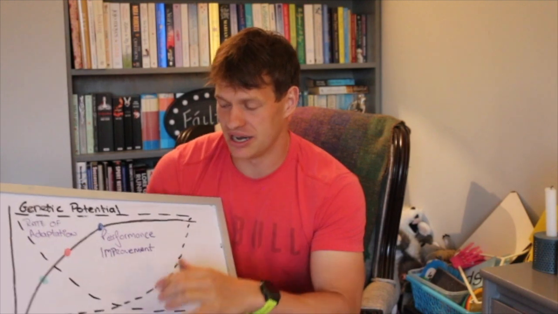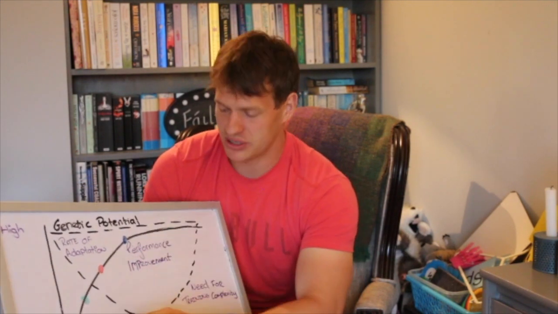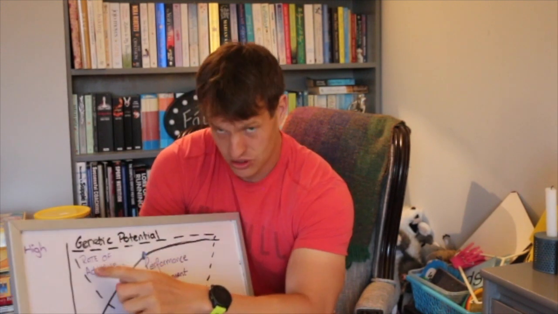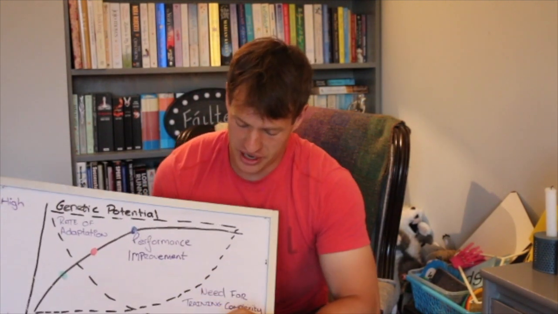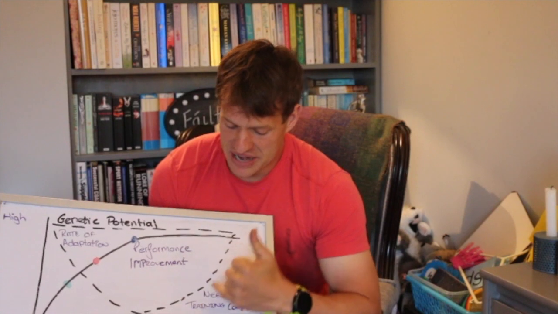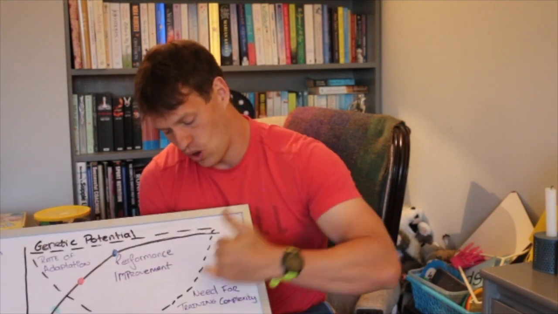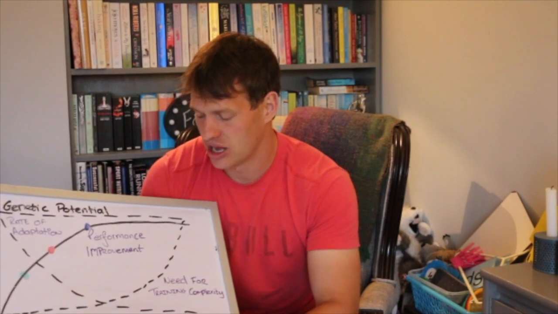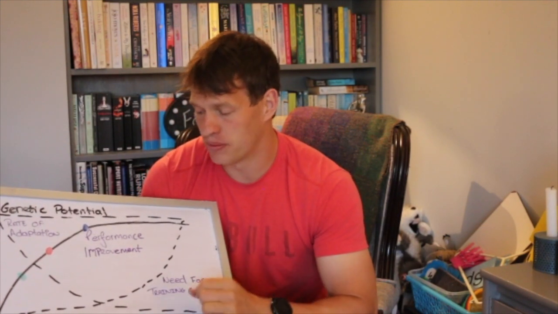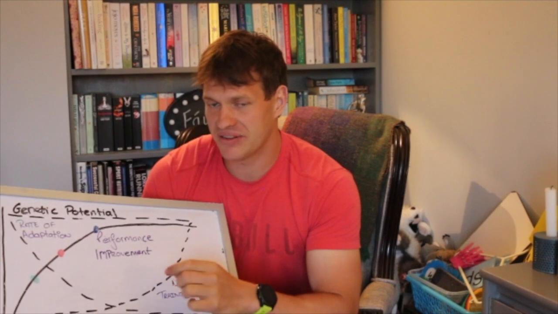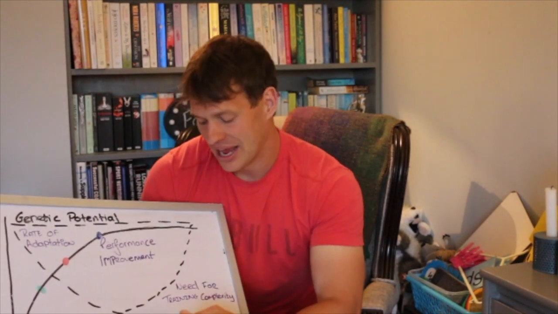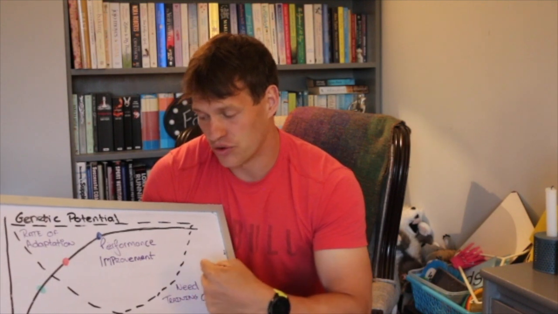We have three lines then. Performance improvement. Then we have rate of adaptation, coming from here all the way down here. And then need for training complexity, all the way up here. So as you can see, lads, the higher we are on our performance improvement, the rate of adaptation decreases and the need for training complexity increases.